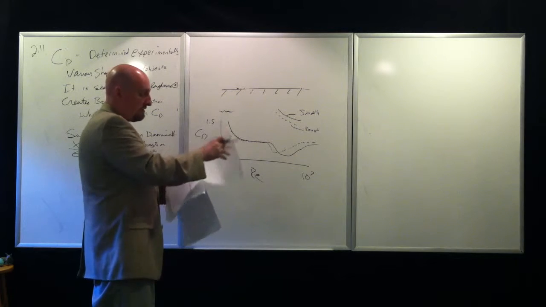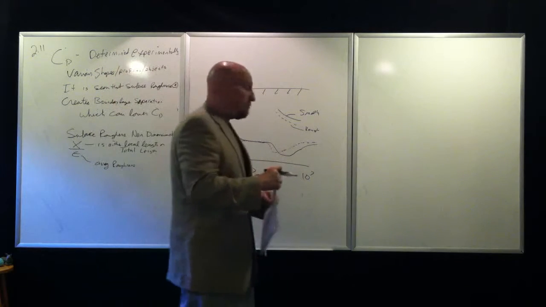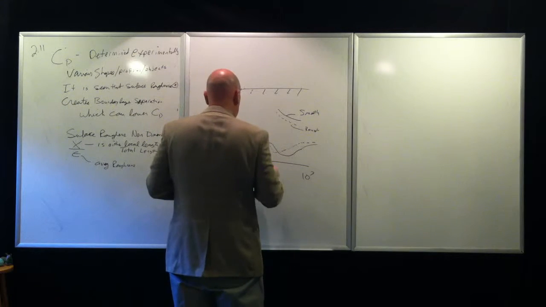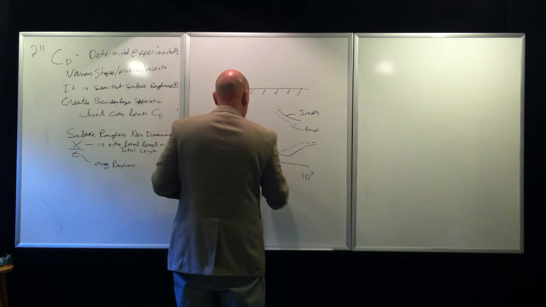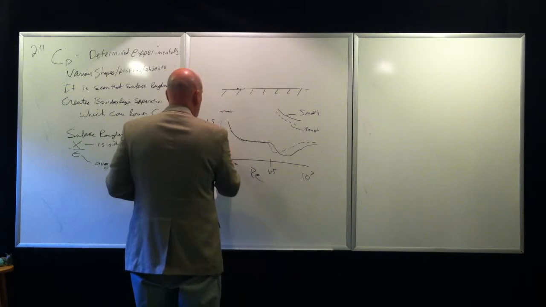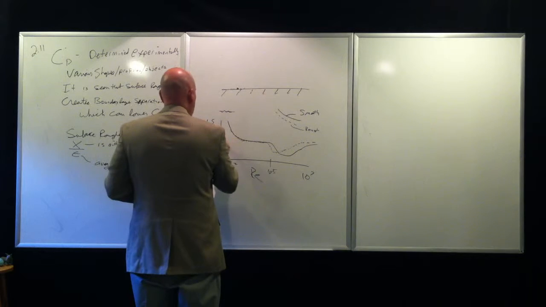Now let's compare and contrast the result within this region. If we're at, let's say that this value is 10 to the 5th, and let's call this value 0.2, this value 0.5.